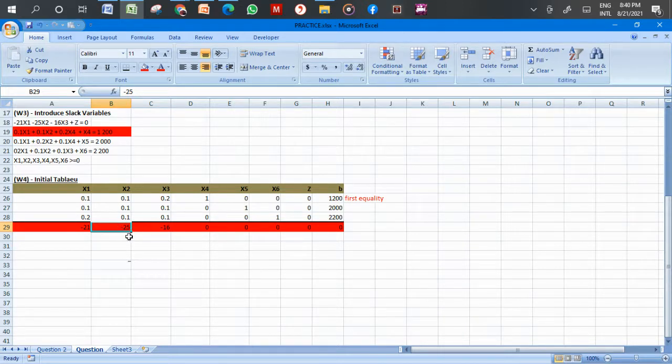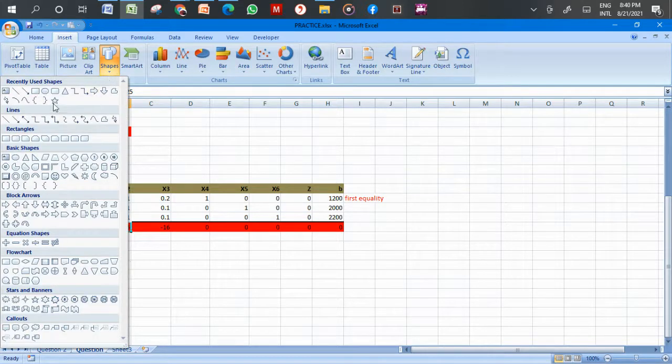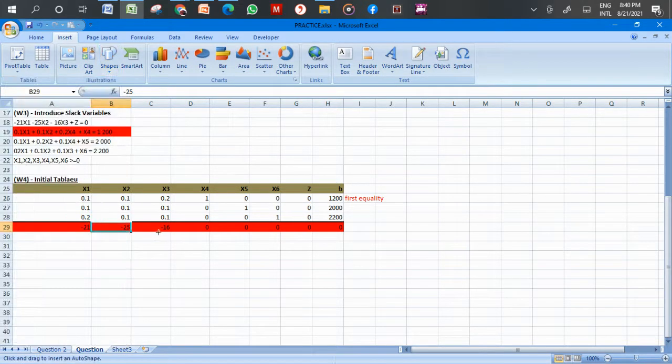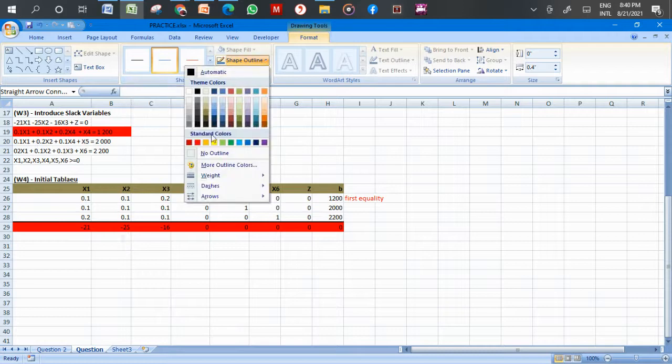The smallest number in the last row is 25. So our pivot variable lies somewhere in this column.